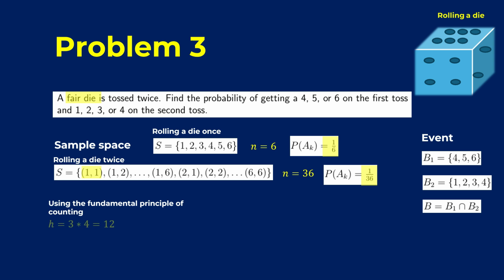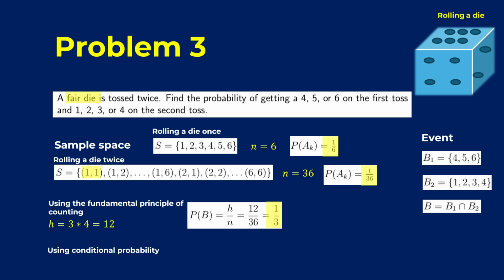Since there are 3 ways B1 can occur and 4 ways B2 can occur, then there are 12 different ways both B1 and B2 can occur. We can plug this number into the probability formula, which is h by n, to get the answer, which is 1 by 3.